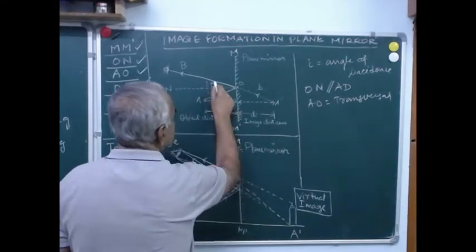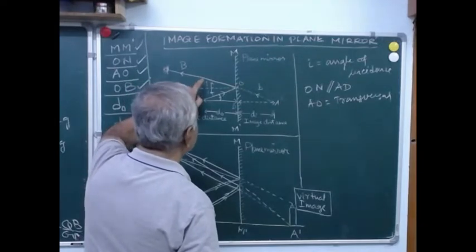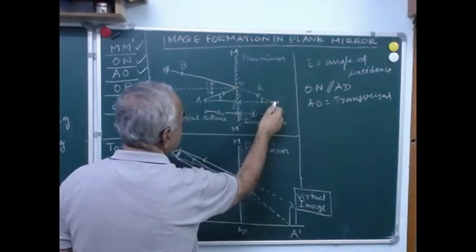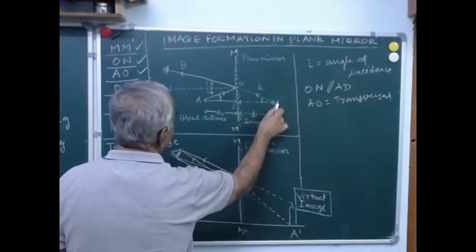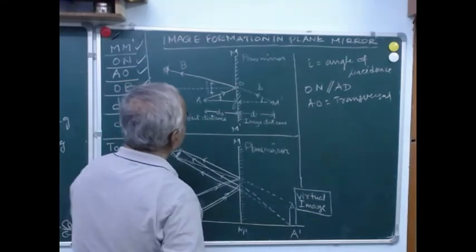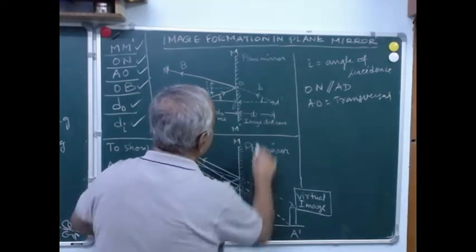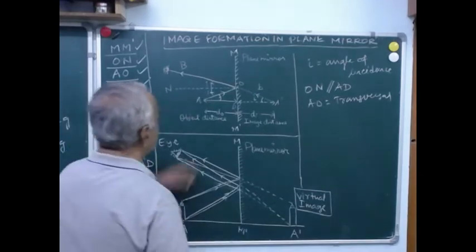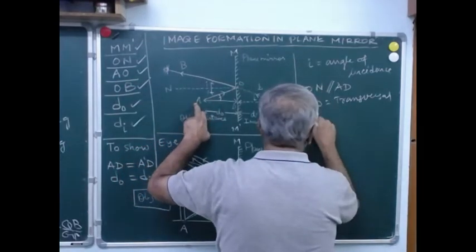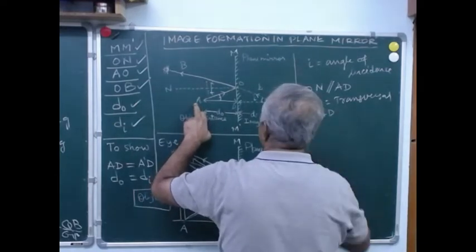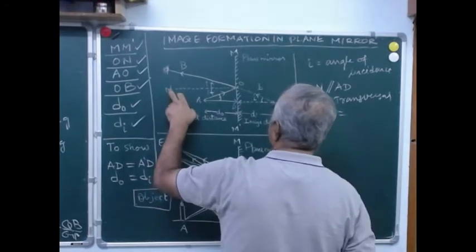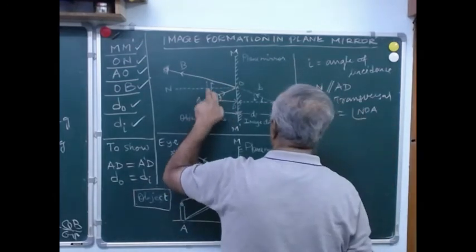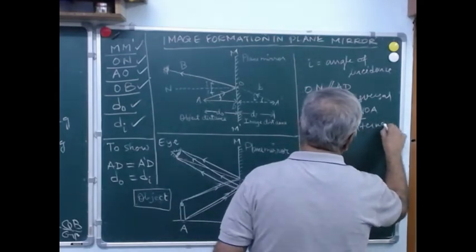And this is also I. Remember, this is also I. That is DA dash O, because A dash O is produced, it is extended, so that this angle is also equal to I. Let me precisely tell you: angle OAD is equal to angle NOA. Why? Because alternate interior angles.